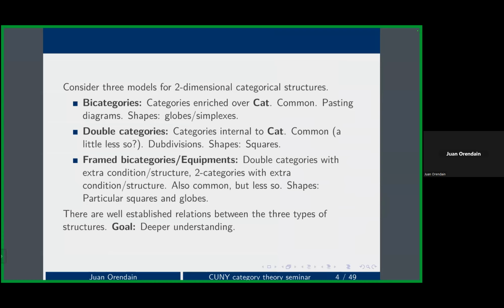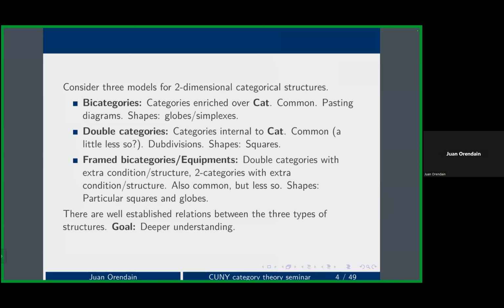When you play the game of double categories, you play the game of subdivisions of squares instead of pasting diagrams, which is a bit different, but it's basically the same idea. The shapes of your 2-cells now are squares and not globes. That makes the theory a little bit different. It gives it a different flavor.